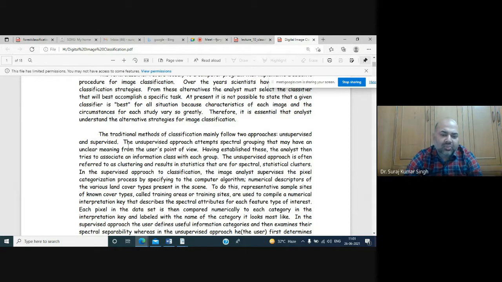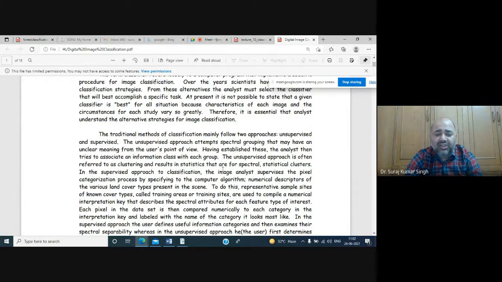The unsupervised approach attempts spectral grouping that may have an unclear meaning from the user's point of view. So maybe from my point of view, the basis on which the classes are classified using the unsupervised is subjective in nature, and that differs from image to image.